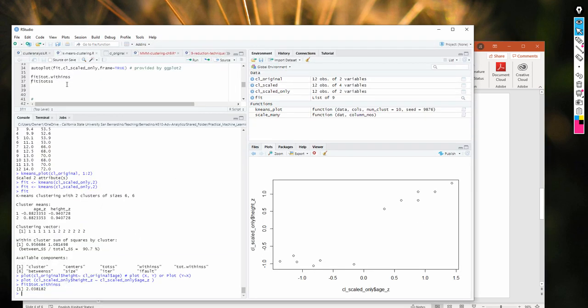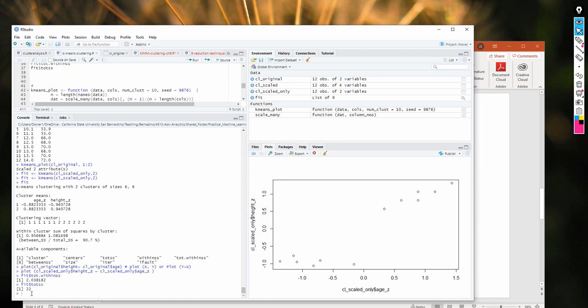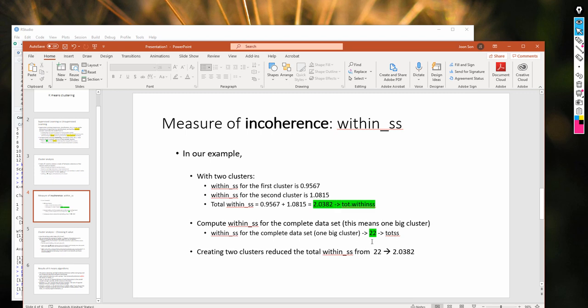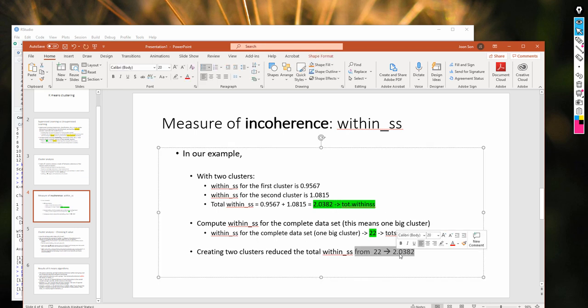And then another one is the total SS, which is 22. You see that it's creating 2 clusters, and it's a huge improvement, from 22 all the way to 2.382.